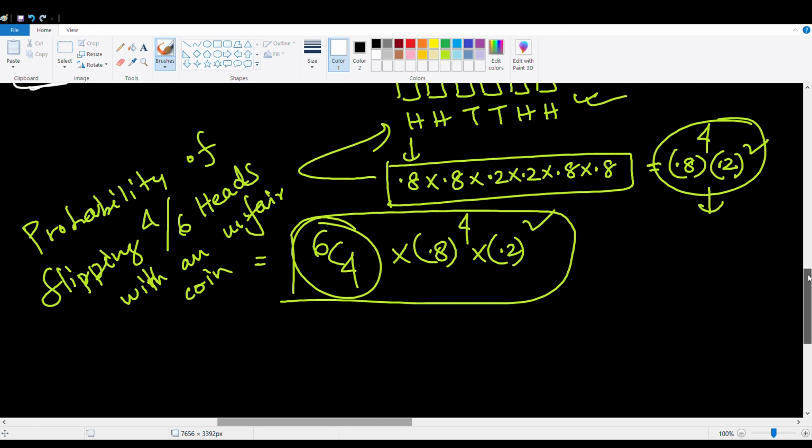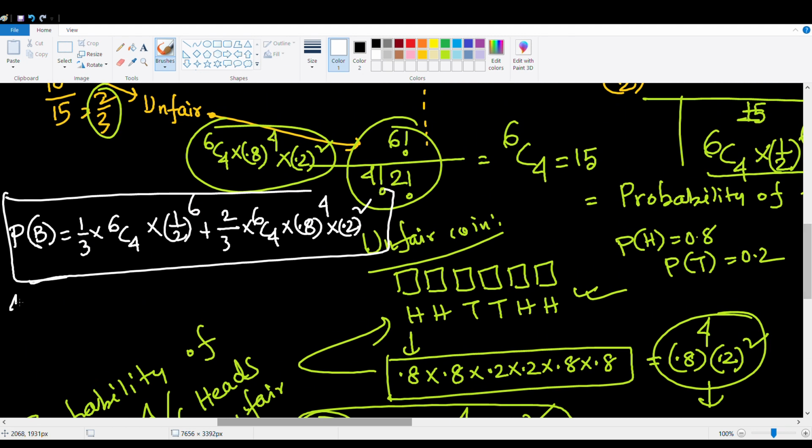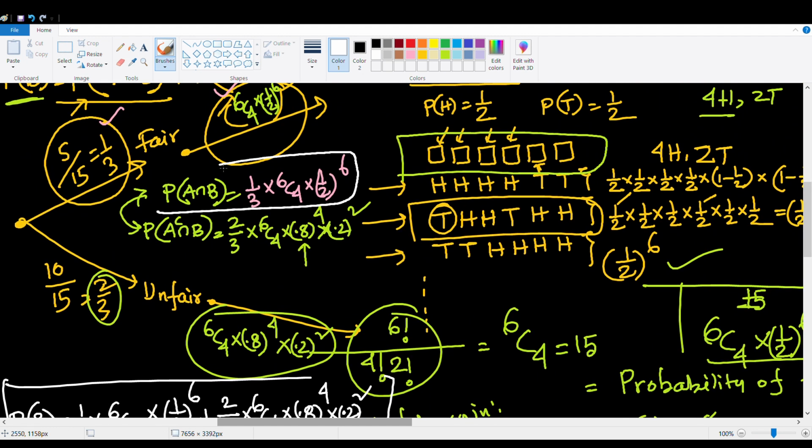Now for P of A given B, we need P of A intersection B as well. We've already determined the denominator. Interestingly, we've already determined P of A intersection B because this is the numerator of the fraction we were interested in.